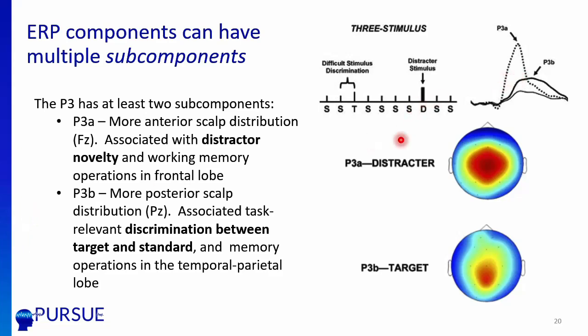But they're both occurring right around 300 milliseconds, and both have the same kind of amplitude. They have a different scalp distribution. One is more anterior than the other. This is how they've been dissociated, but otherwise they look very similar, and they are actually subcomponents of a similar ERP. So the cognitive associations also depend on the task and stimuli. This is something to keep in mind.